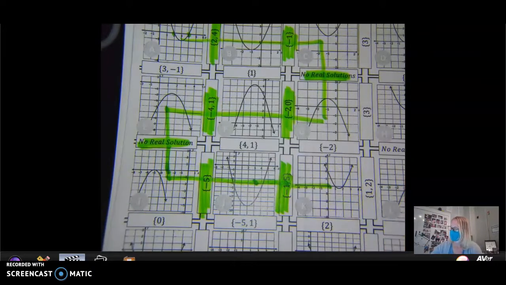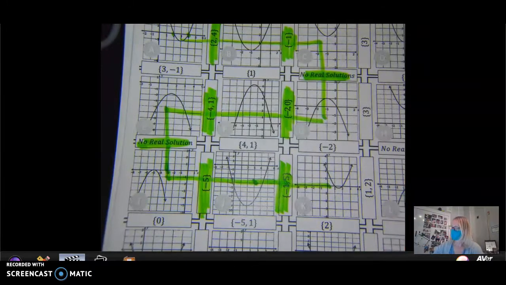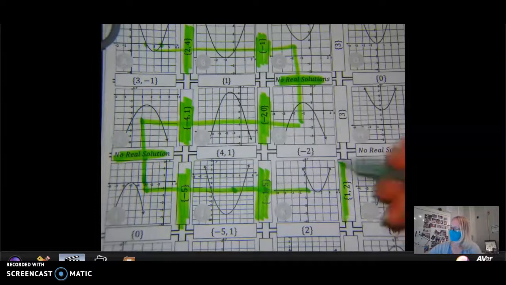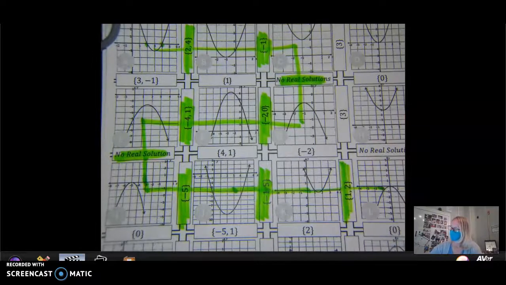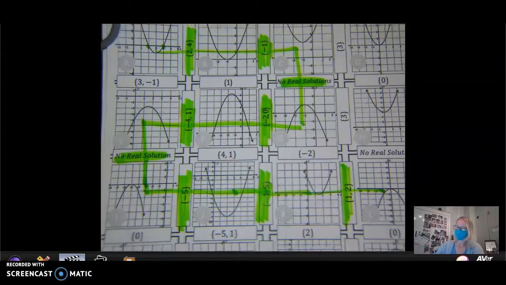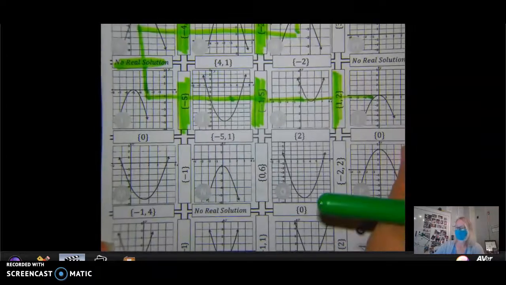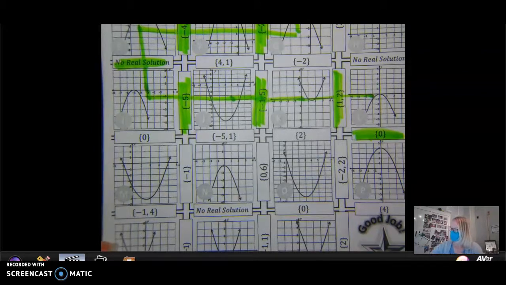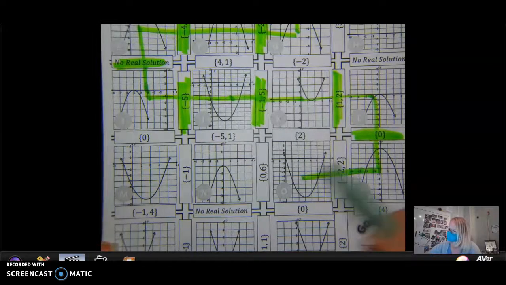Answer here? 1 and 2. Answer here? 0. Answer here? -2, 2.